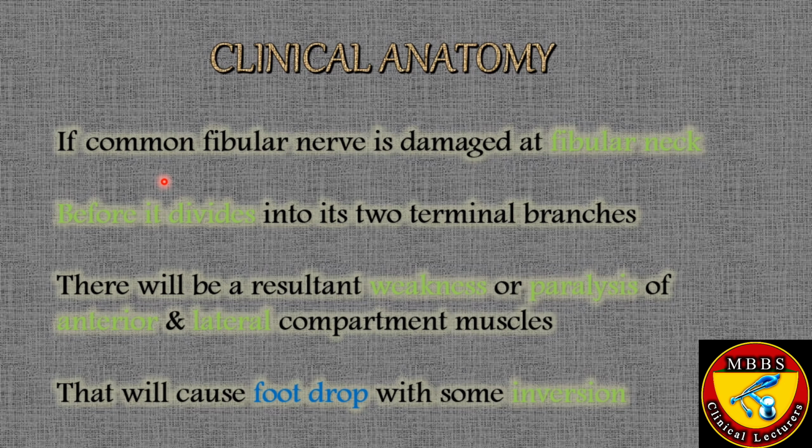Clinical anatomy. If the common fibular or common peroneal nerve is damaged at the fibular neck before it divides into its two terminal branches, the superficial fibular and deep fibular, there will be weakness or paralysis of the anterior and lateral compartments of the leg, because this nerve bifurcates into the deep and superficial fibular nerves, which supply the anterior and lateral compartments. So the nerve supply of both compartments will be damaged before it divides, and weakness of both compartments will occur.